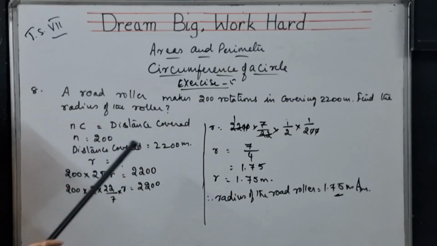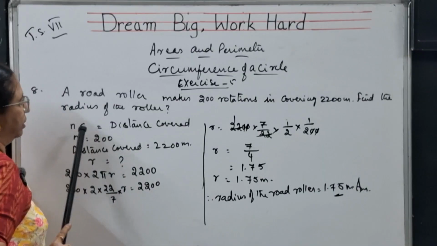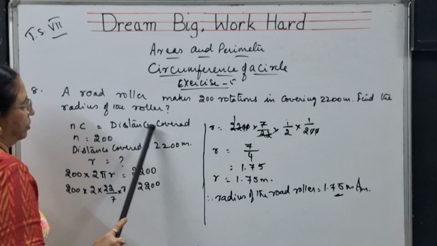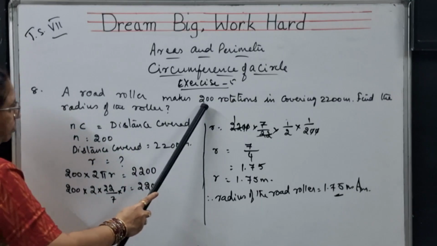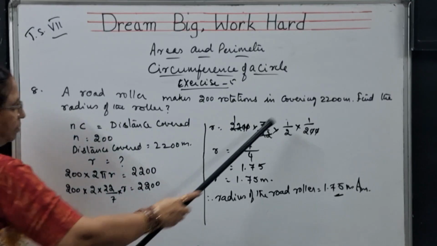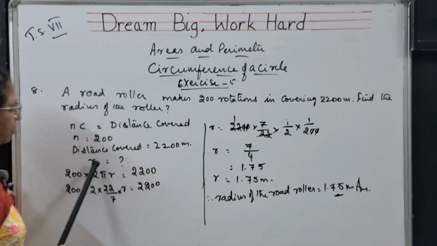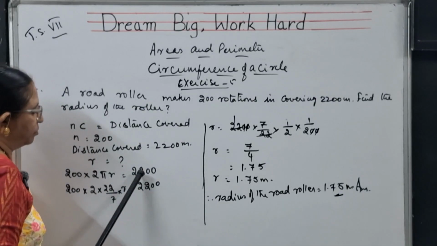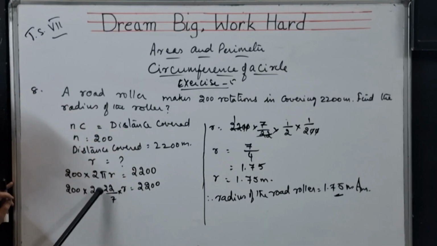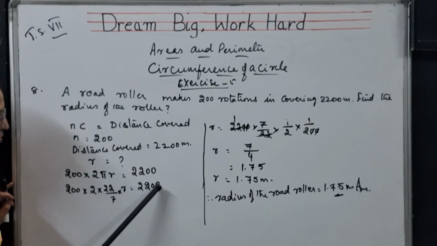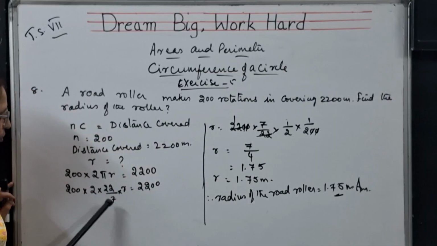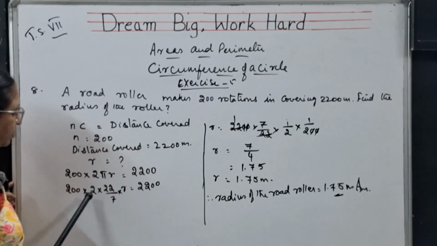A road roller makes 200 rotations in covering 2200 meters. Find the radius of the roller. We know that the number of rotations made into circumference will give you distance covered. Here in this problem, it made 200 rotations and distance covered is 2200 meters. You need to find out the radius. That is 200 into 2 pi r is 2200. 200 into 2 into 22 by 7 into r is 2200. r is nothing but 2200 into reciprocal of 22 by 7, 7 by 22.